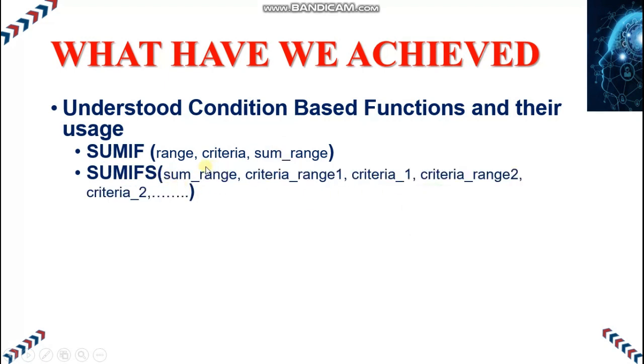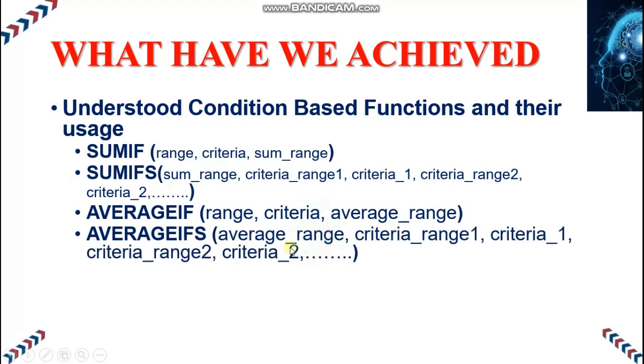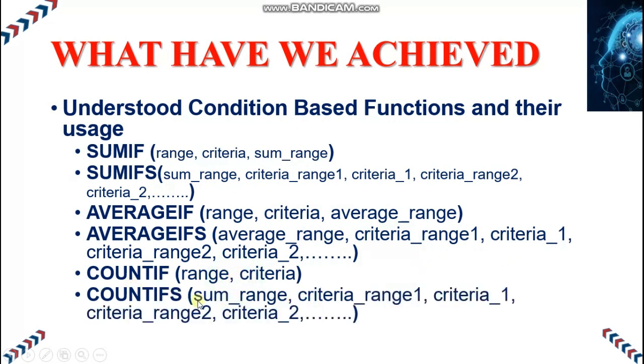SUMIFS function: first parameter is the column which you want to total, criteria range 1, the column where you want to look for a value, criteria 1, the value you are looking for, criteria range 2, another column where you want to search for a value, and criteria 2, the value, and so on. You can have 255 as I said. Then similarly AVERAGEIF, 3 parameters, AVERAGEIFS, multiple conditions, COUNTIF and COUNTIFS.